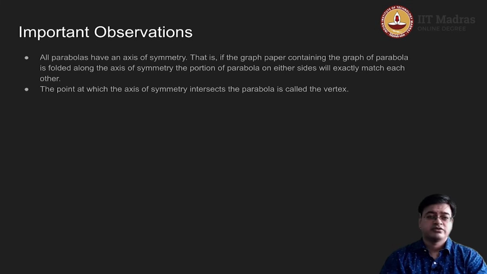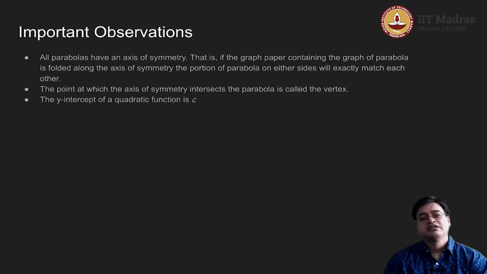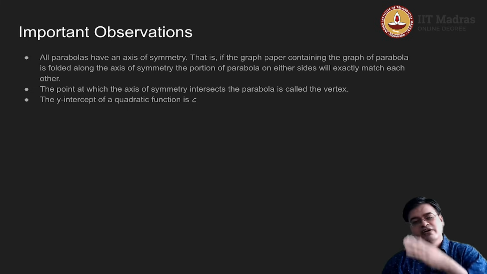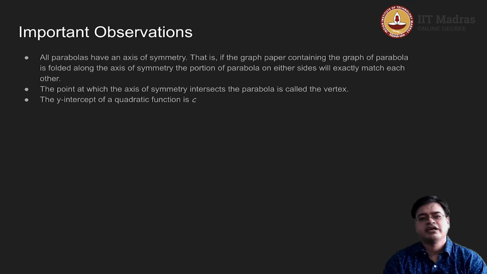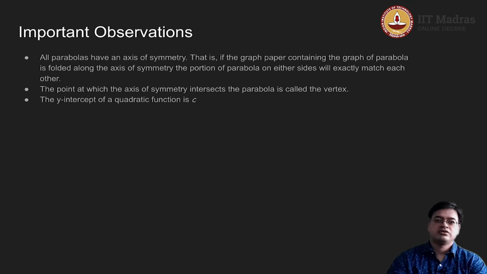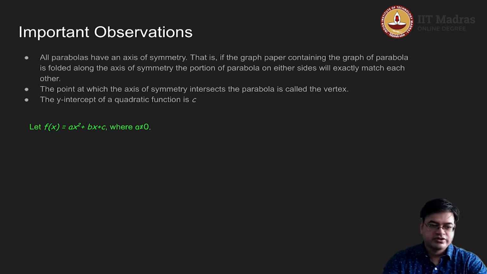And if you put the x value to be 0, then the point at which the y coordinate is taken is called the y-intercept, given by the value c, or you can simply refer to the equation ax square plus bx plus c. Put x is equal to 0, that will be the y intercept, which will be given by c. These 3 points play a crucial role in graphing the parabola. How? Let us do it one by one.